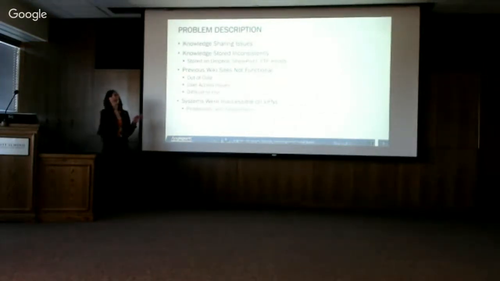Okay, so there were several reasons for me to create a wiki for English. The first one is that there are knowledge sharing issues. At English, it's critical that we share information with each other effectively because it helps with training, it makes processes and deliverables consistent.